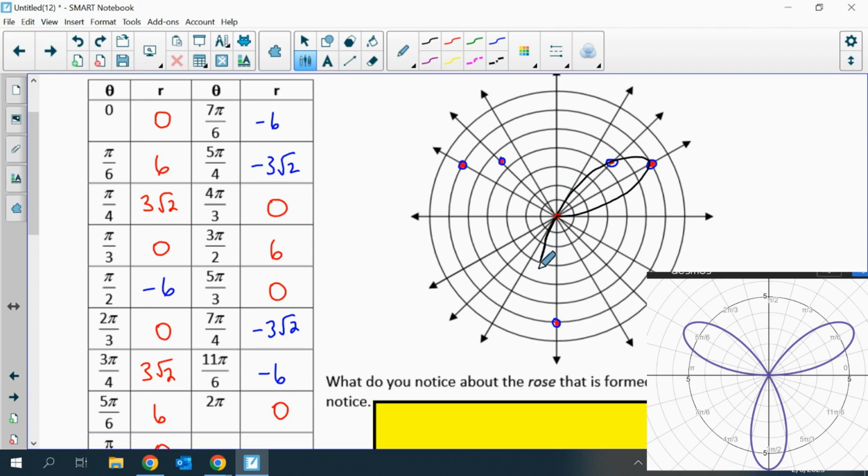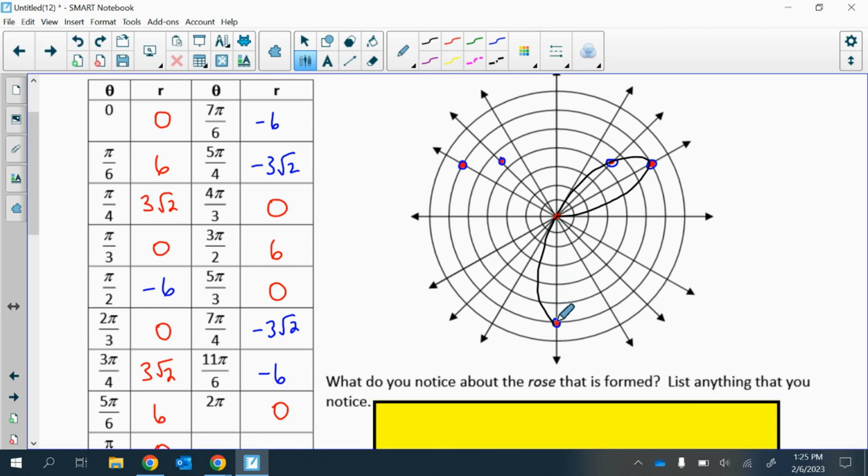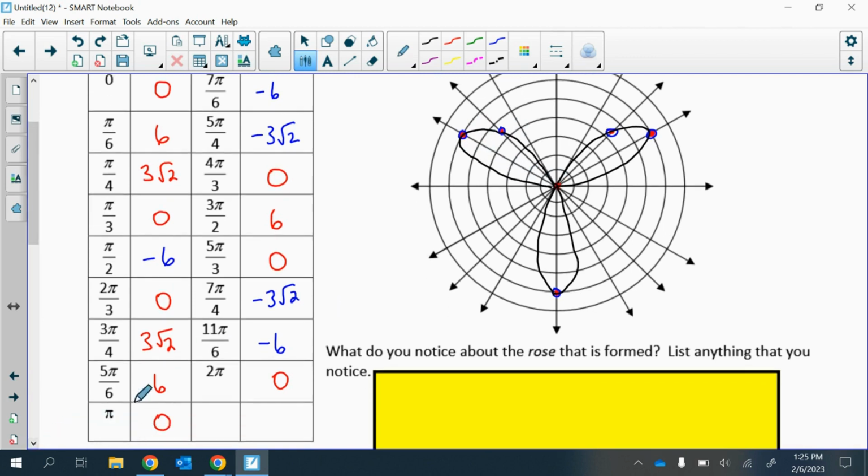Then down to pi halves, I'm sorry, that's pi halves is negative 6. Then by 2 pi thirds, I'm back to 0. 3 pi fourths, I'm up at 3 root 2, 5 pi sixths, I'm here, and then at pi, I get back to 0.